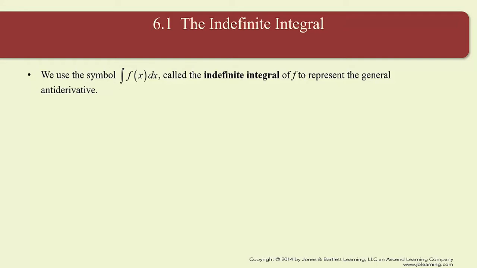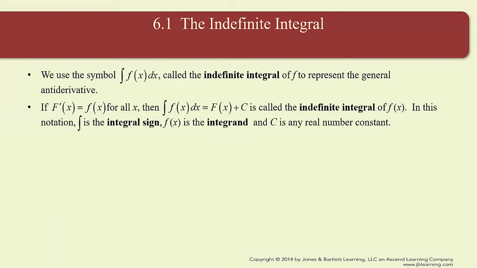More importantly, that symbol, which I'm going to say in a minute is called the integral sign, communicates the operation: get an antiderivative for little f of x. And then the dx tells us we're doing it with respect to x.